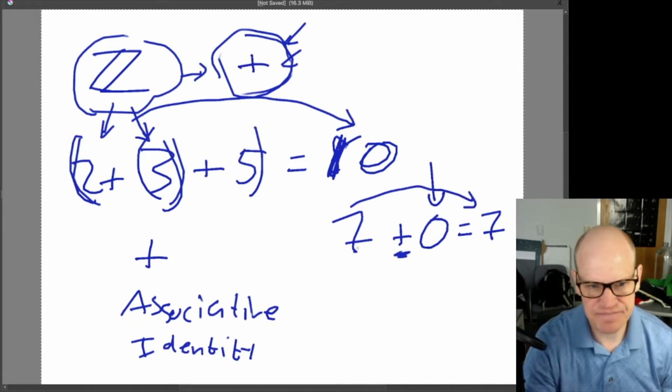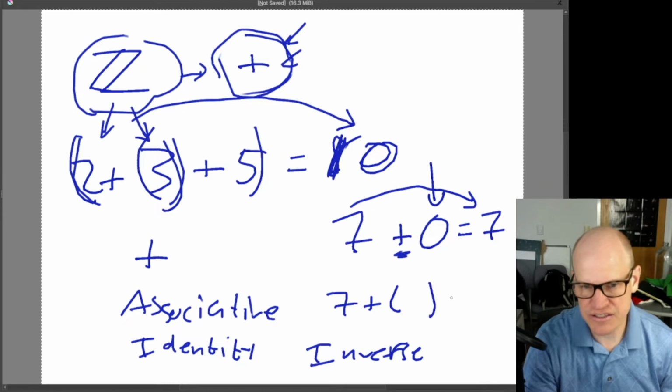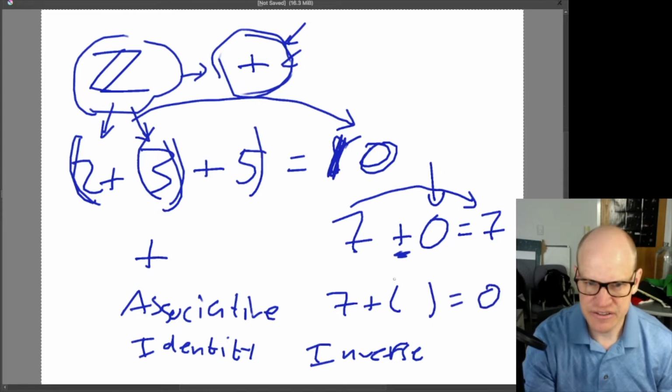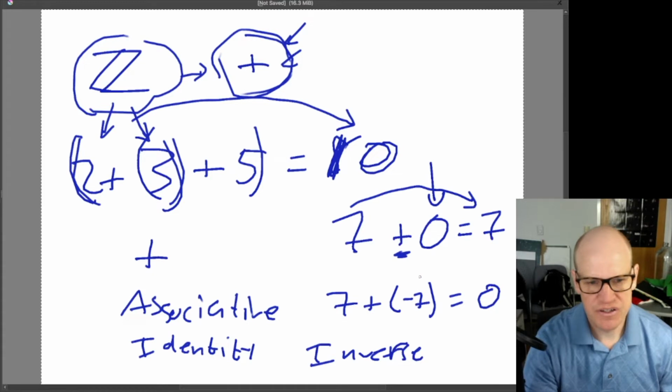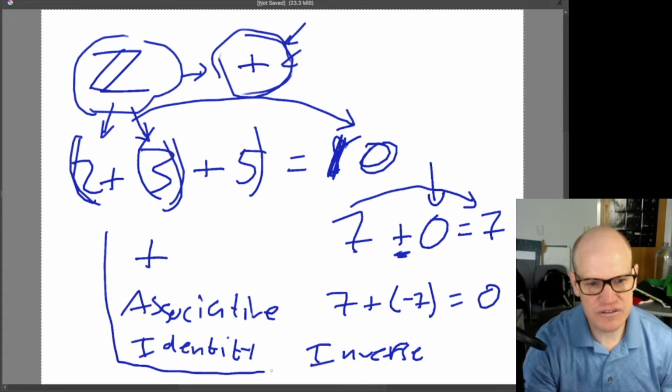And then the last thing that you need is an inverse. The inverse is the element where, if you take an element, there is another element in that set that will get you back to the identity. In this case, it's the negative numbers. So this is called a group.